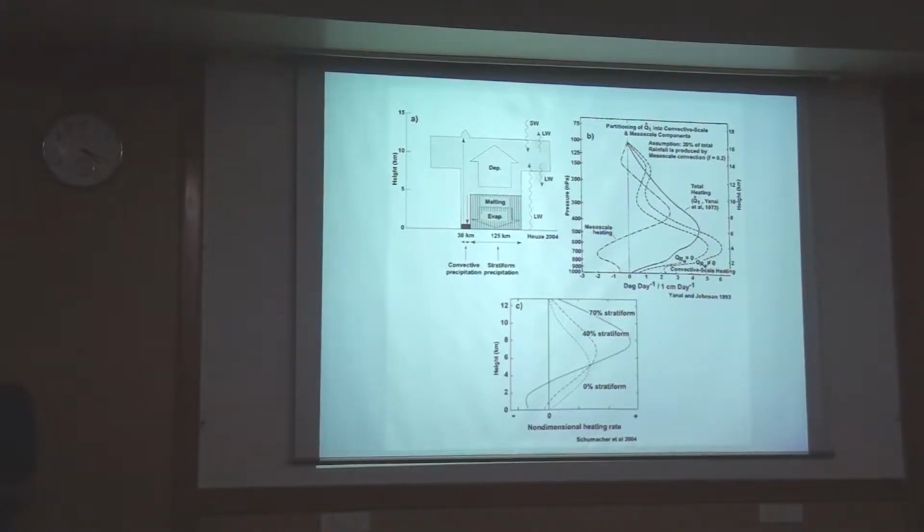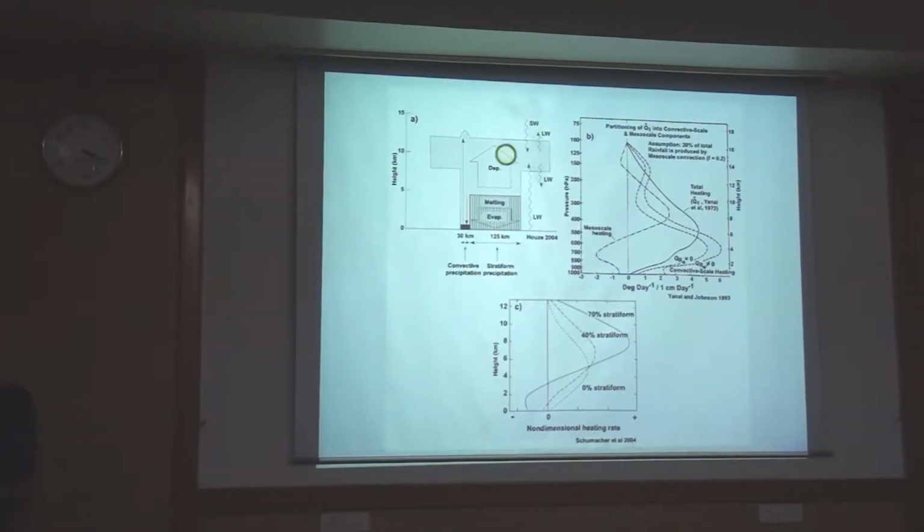In the stratiform part, on the other hand, the condensation only happens in the upper half of the cloud. In the lower half, there's actually evaporation from the rainfall that comes out. So really, there's a cooling, and this is depicted in this picture here. This is from a paper by Yanai and Johnson, so I think it's based on this Togakor case. So again, it's one of the field experiments.